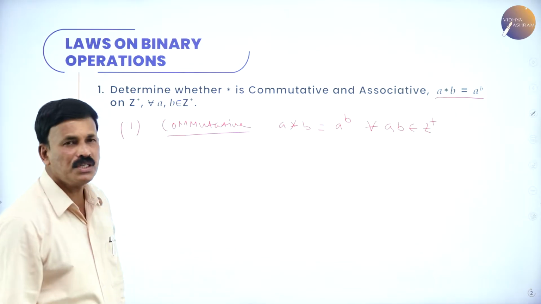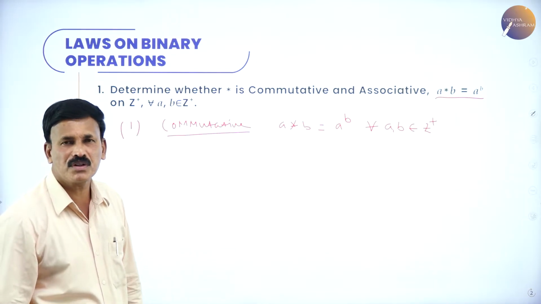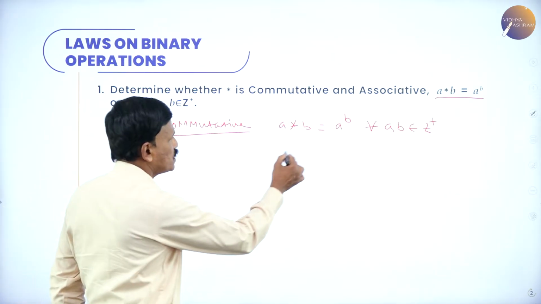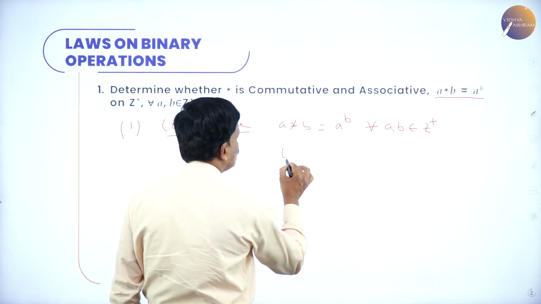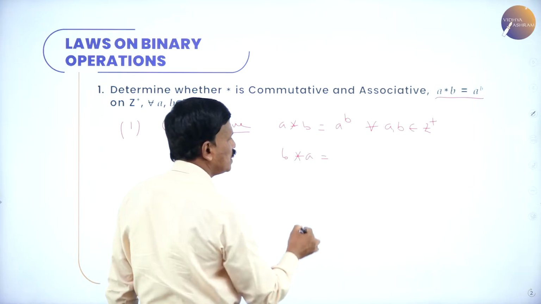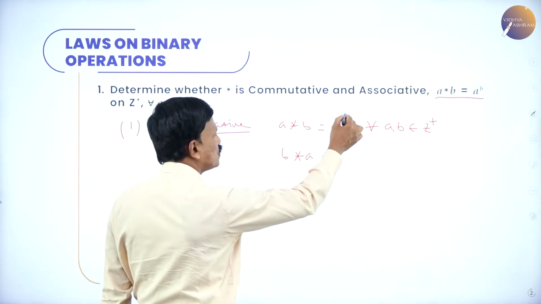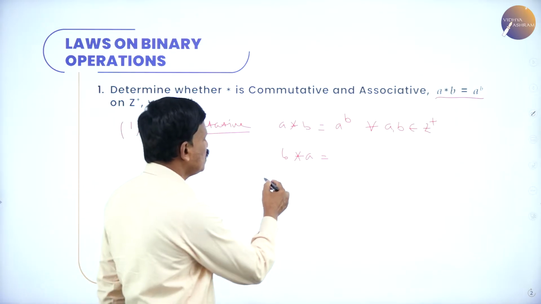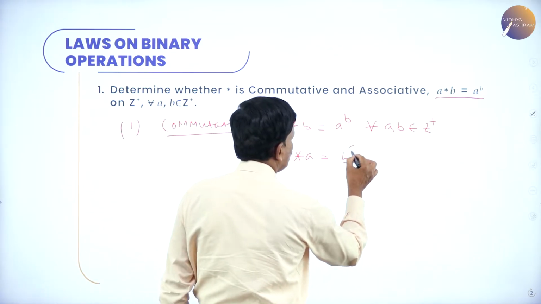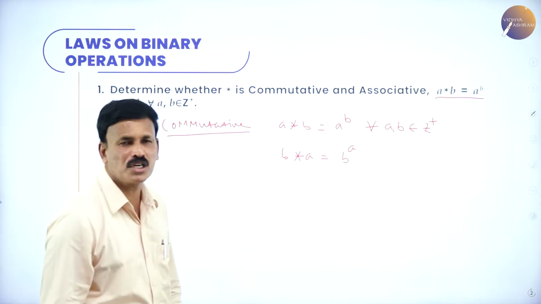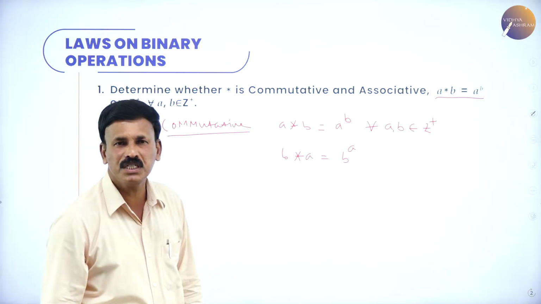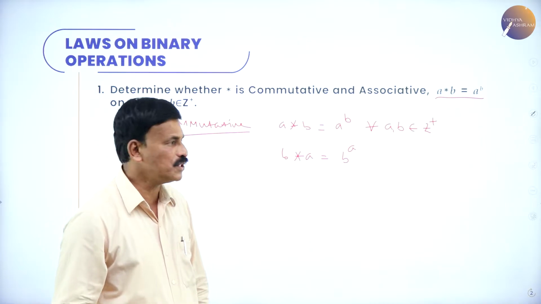Similarly, B star A means first element to the power of second element, which is B to the power of A. So A star B is equal to A to the power of B and B star A is equal to B to the power of A.